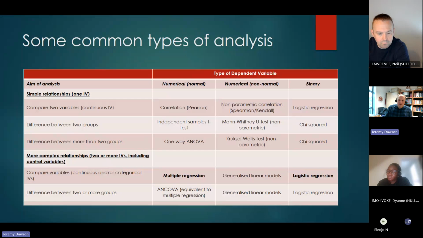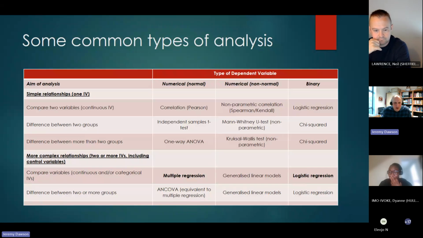Again, I could spend a whole series of lectures on different types of analysis, and in fact, in a different part of my work, I do exactly that. In fact, that's how I first met Neil, when he was on one such course. But this is a very simplified table, to help identify what type of analysis might be appropriate in different circumstances. And I'm not going to go through all these now because we don't have that long.